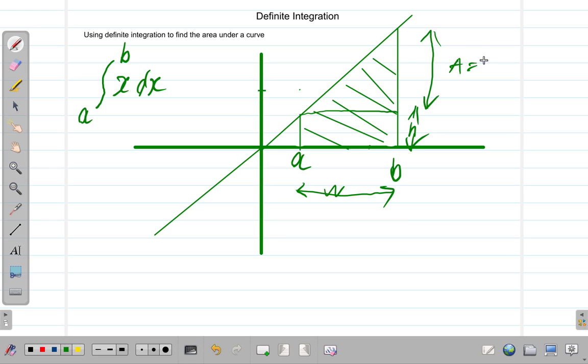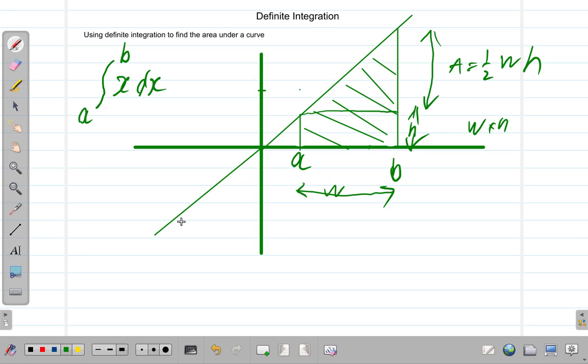So the area of the triangle is half the width times height. As for the rectangle, it is the width times the height, and you add them. So you could have done it otherwise without calculus, and it was accurate, right? You got an accurate value of the area whether you use calculus or not.